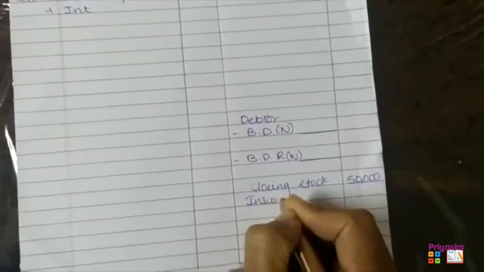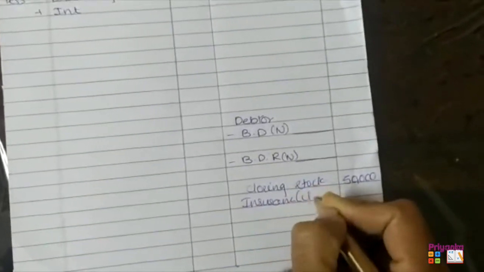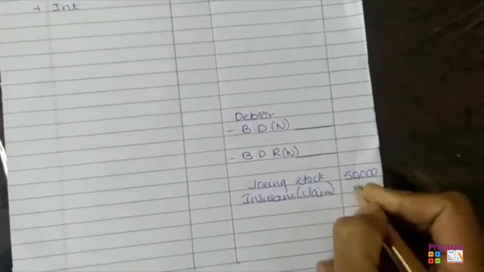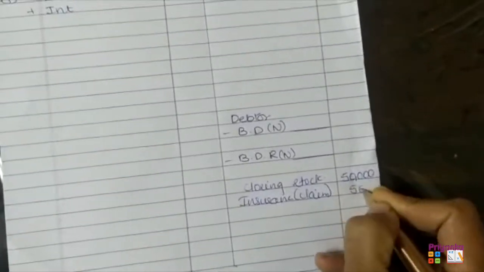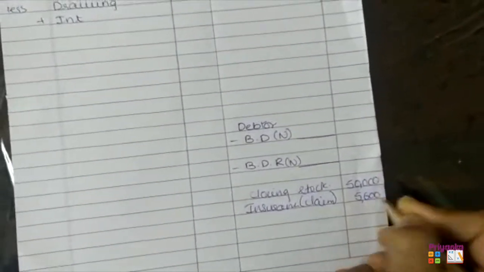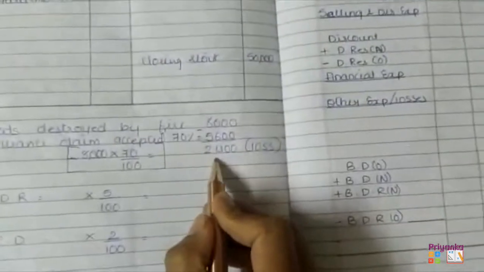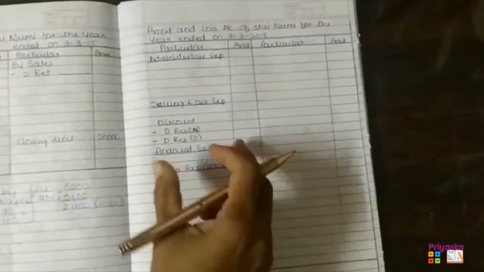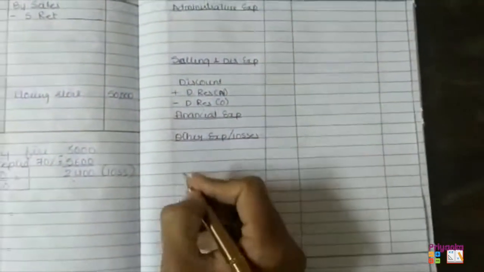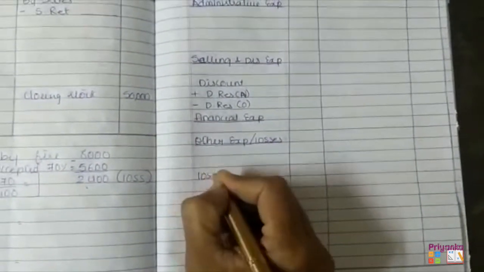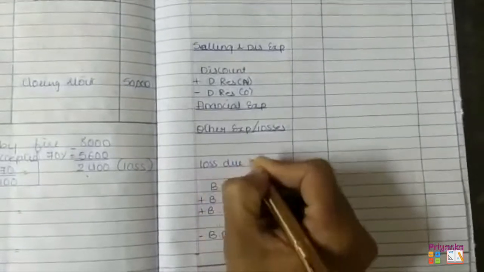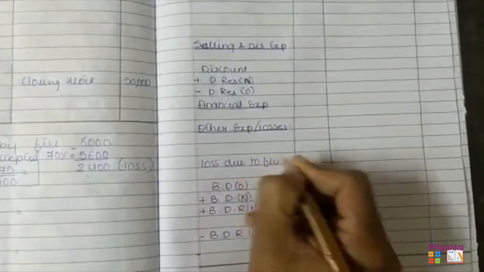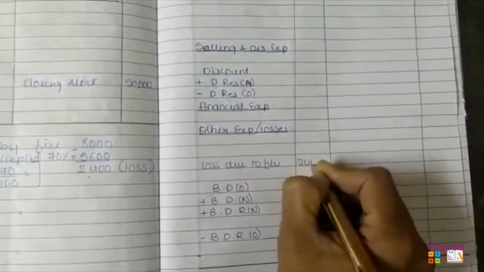Insurance claim, that is 5,600, that is 70% which we calculated, and the remaining 2,400 which is declared as a loss will be written on the profit and loss, expenses and losses column, that is debit side. Loss due to fire, that is 2,400.